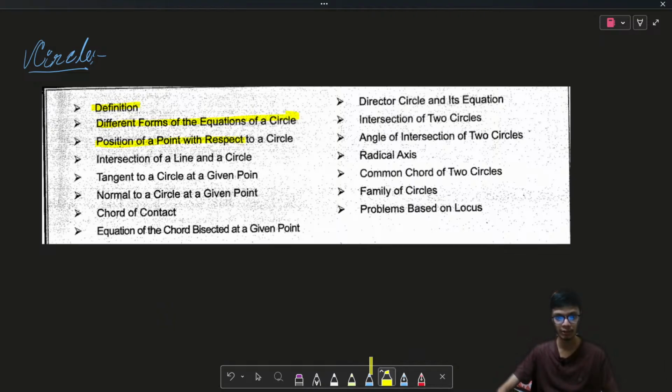We'll discuss the position of a point with respect to a circle, the intersection of a line and a circle, tangent and normal to a circle at a given point, chord of contact, equation of a chord bisected at a given point, director circle and its equation, intersection of two circles, angle of intersection between two circles, radical axis, common chord of two circles, and the family of circles. At the end, we are also going to solve some general problems involving locus. So this is the entire syllabus we are going to discuss in this chapter on circles.